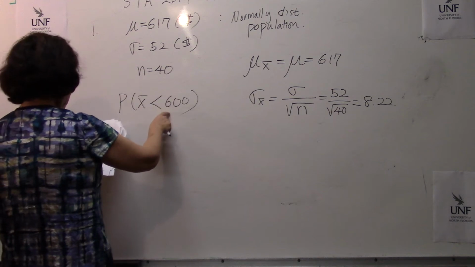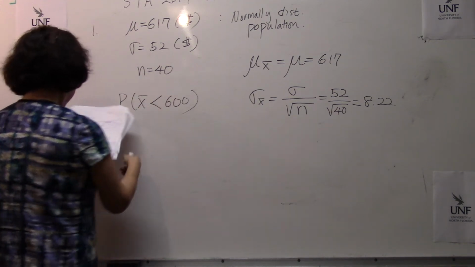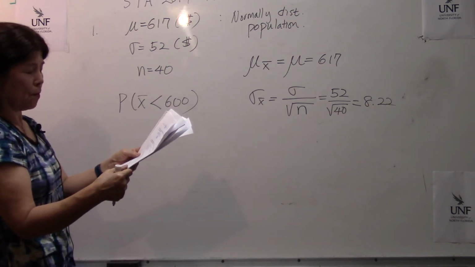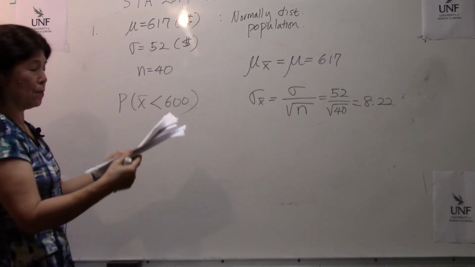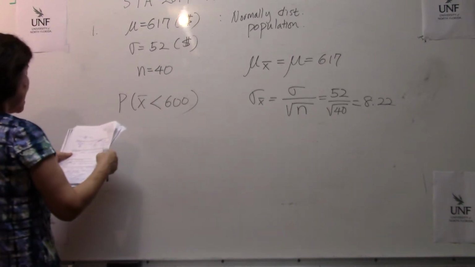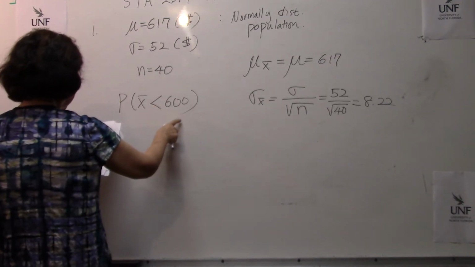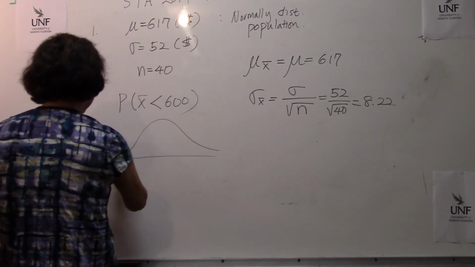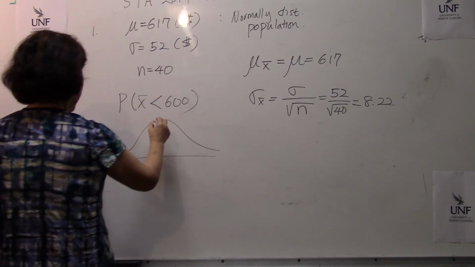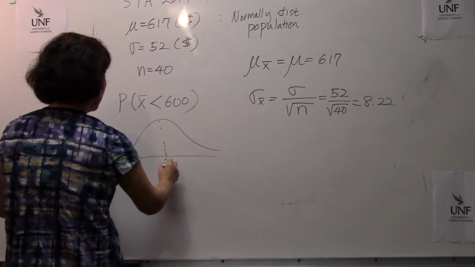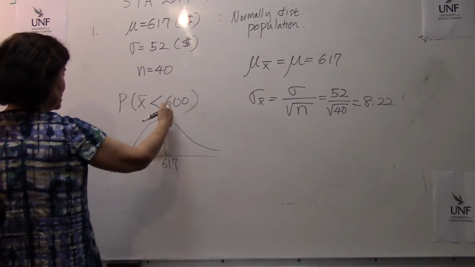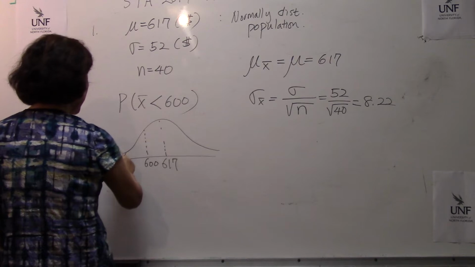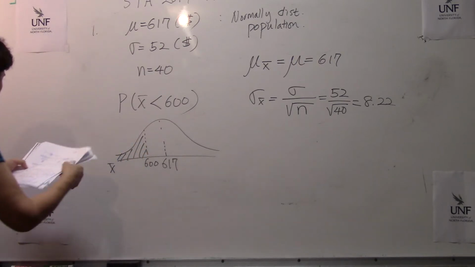Over here we are going to use a calculator, and for your information, just number 2 problem we use a table; other problems we use a calculator. So when you have a sampling distribution, the X bars are over here and the mean is 617. X bar is less than 600, so we need to compute the area of this.